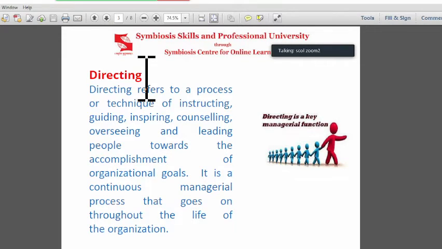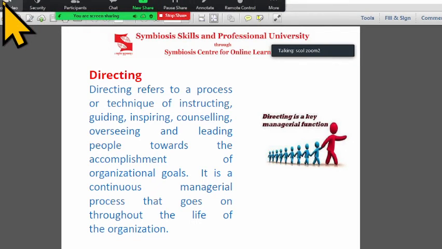This is the vision which will give way to the mission of the organization. Then will come all other things like setting the objectives, setting the goals, making policies and procedures, setting norms, preparing manuals. This we have also discussed, and it is a continuous managerial process that goes on throughout the life of the organization. It is not a one-day affair.